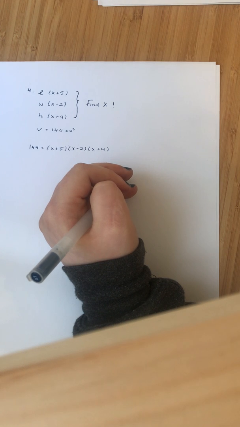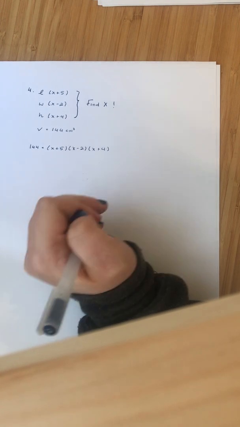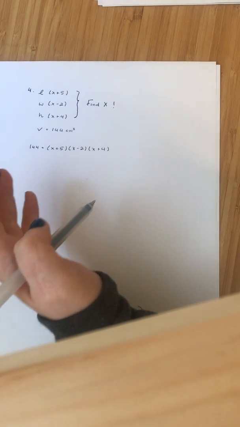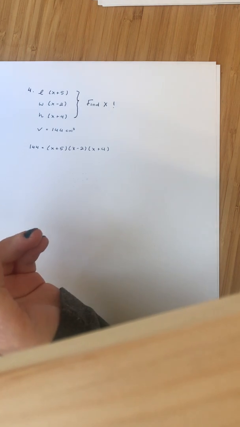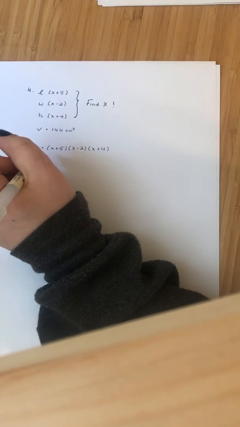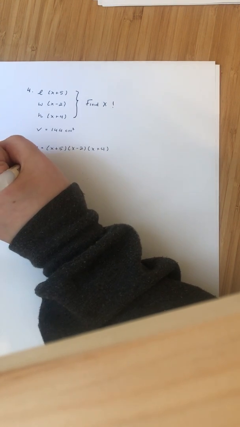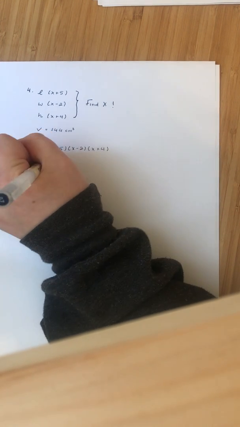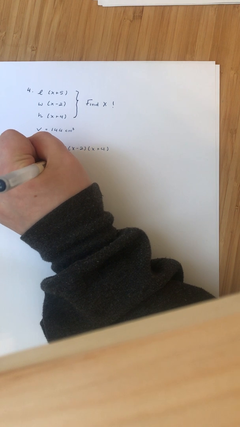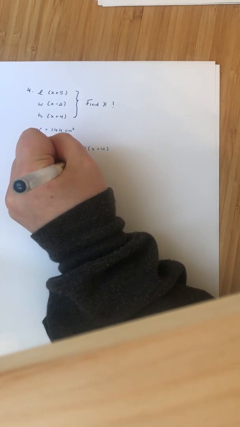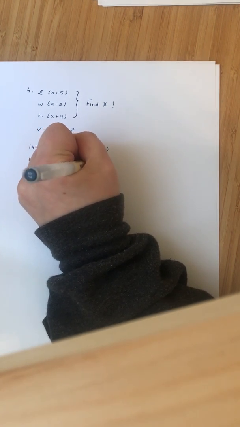And then I can maybe try factoring so that I have multiples and I can make them equal to 0. And that would be the easiest way for me to find what x is. So I'm going to get everything to one side, and to do that I need to expand. So I'm going to first expand the first 2 brackets, x squared plus 2x plus 5x minus 10.